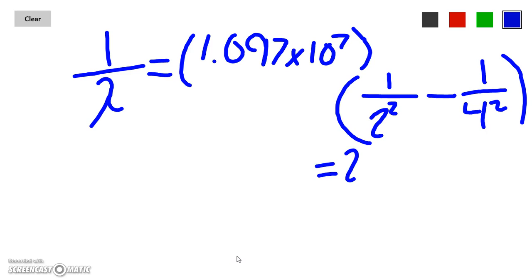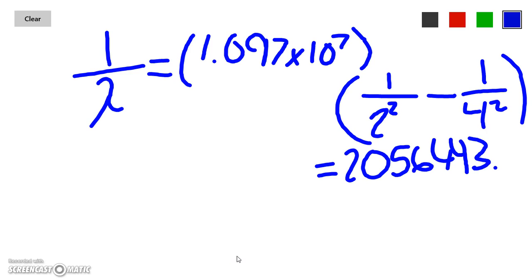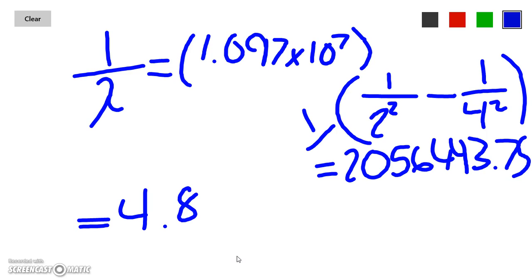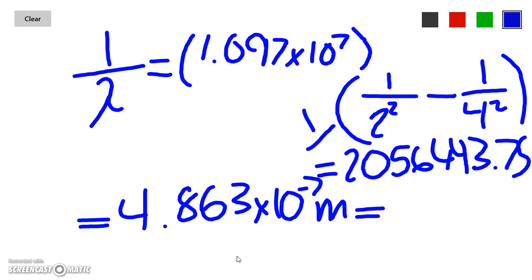And that number is here. That is only 1 over the wavelength, so to calculate the actual wavelength we have to do 1 divided by that, which is 4.863 times 10 to the negative 7th meters, or 486.3 nanometers, and that is a blue wavelength.